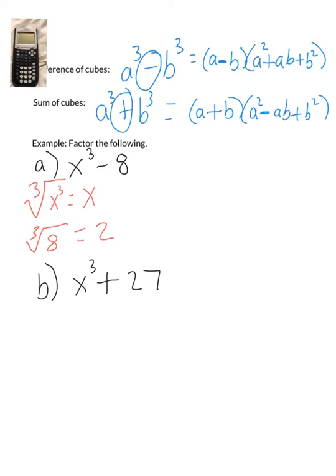So I'm going to rewrite x cubed minus 8 as x cubed, x in parentheses, minus, and then 8, as we just saw, is really 2 cubed. You don't have to do this step. I'm just doing this because I really want to emphasize what A is and B is.